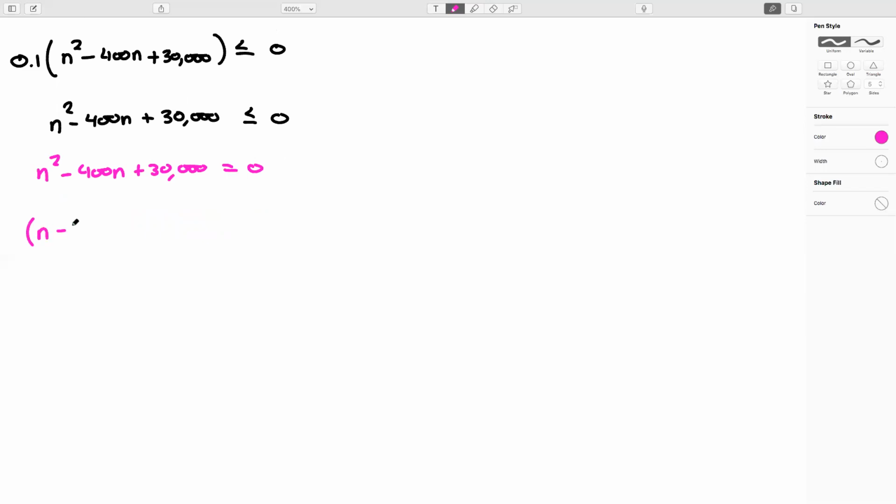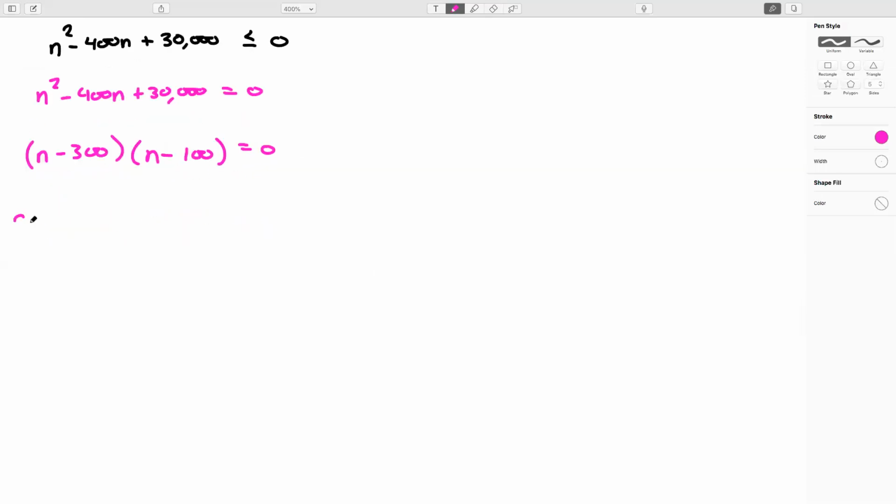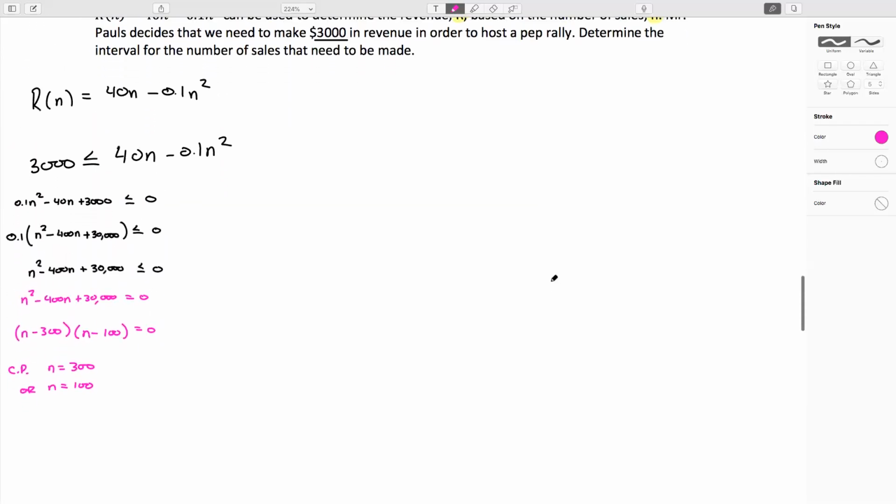We can go n minus 300 times n minus 100 equals 0. Minus 300 times minus 100 is positive 30,000. Minus 300 plus minus 100 is minus 400. So this will work. So we have our critical points now. Critical points are when n equals 300 or n equals 100. All right. So now we can go ahead and we can write our number line out.